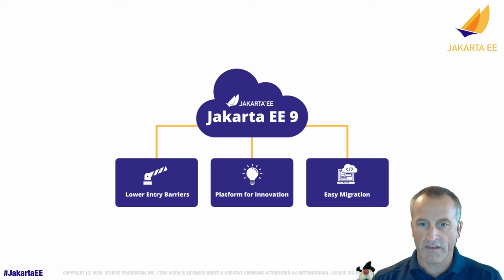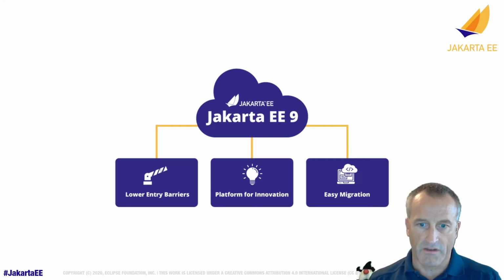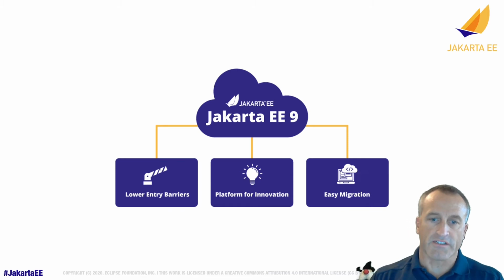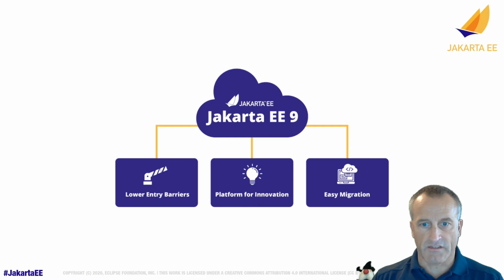And if you think it doesn't affect you, you're probably wrong, because it will. Even if you're on another framework like Spring, or if you're running anything on Tomcat or Jetty, for example, you will be affected when you upgrade to these versions, because you have to do the namespace switch. So it's just as good to get along with it as soon as possible.